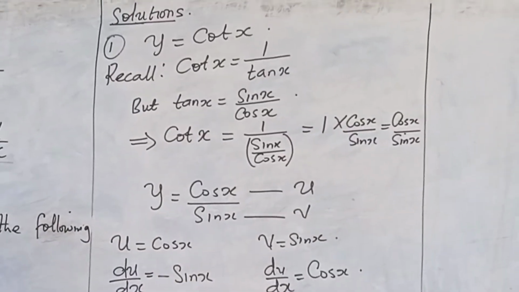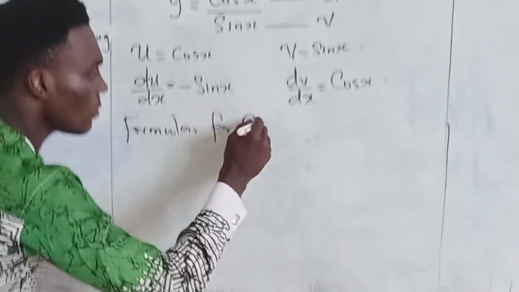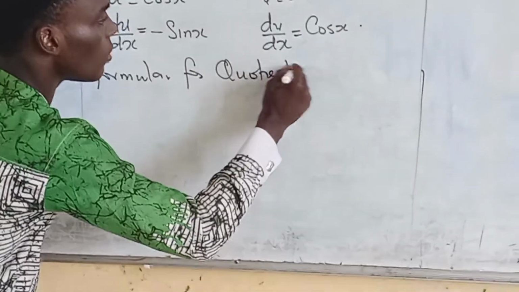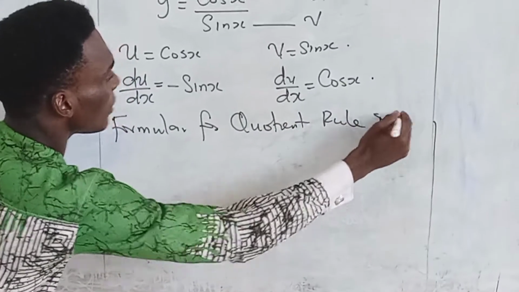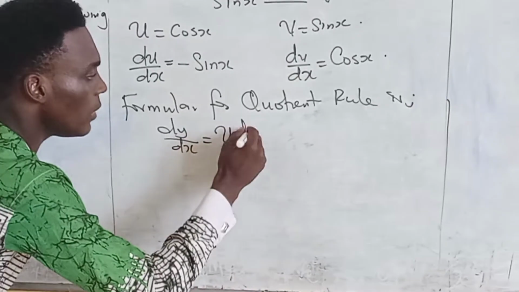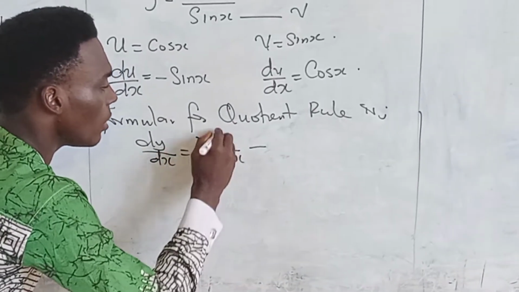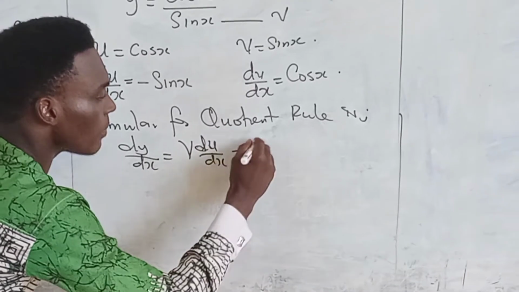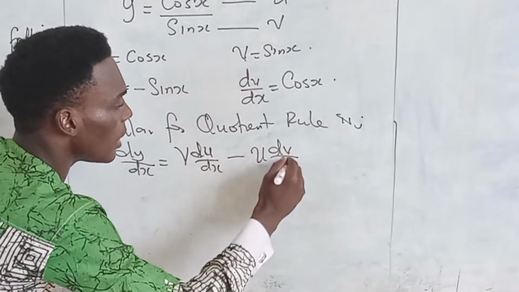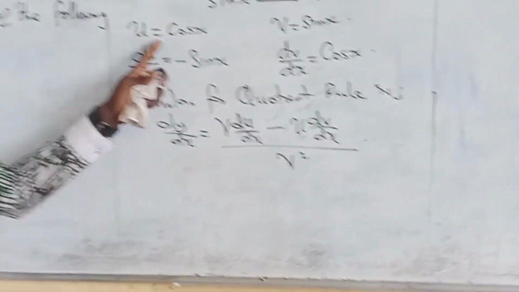Now, after obtaining this result, the next thing is to write out the formula of the quotient rule. The formula for the quotient rule is dy/dx equals v du/dx minus u dv/dx, over v squared. Now we have to substitute the results we got above.